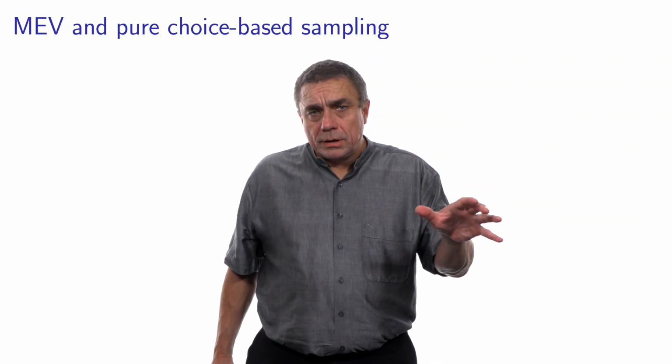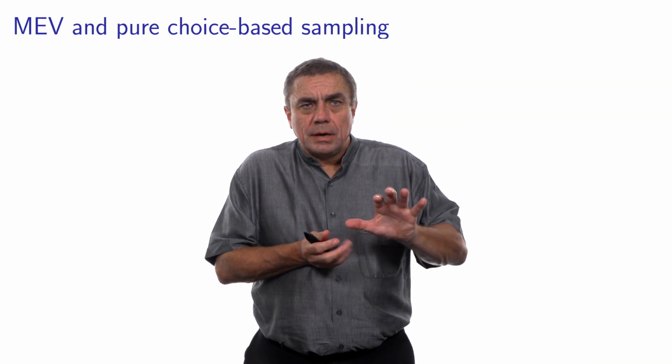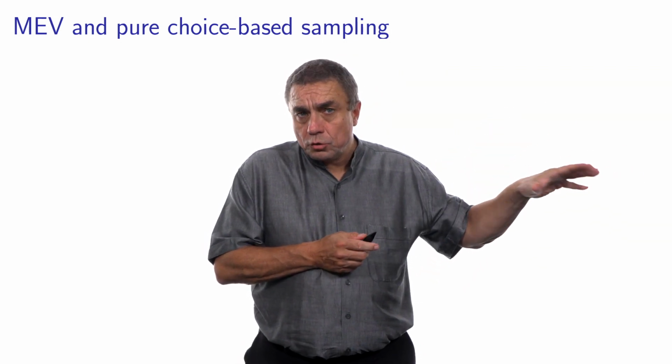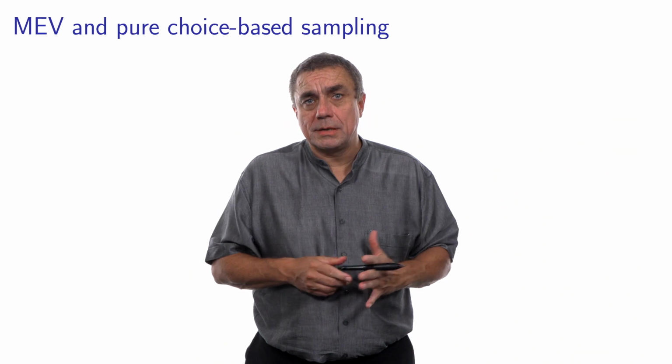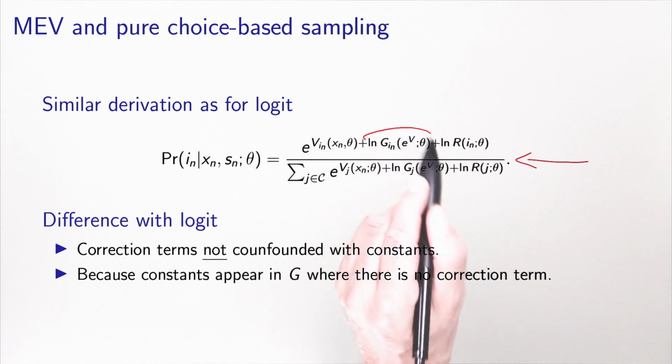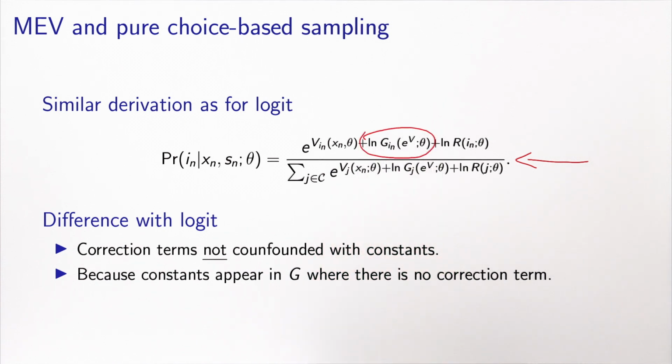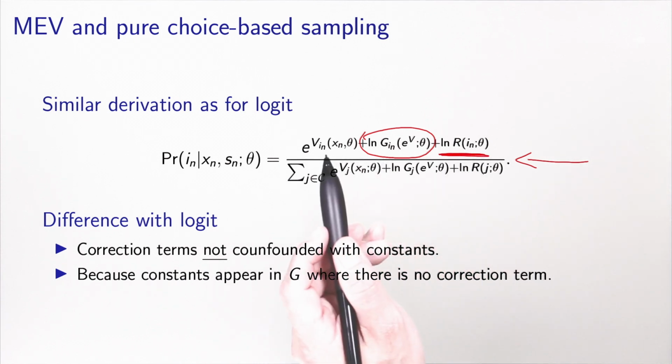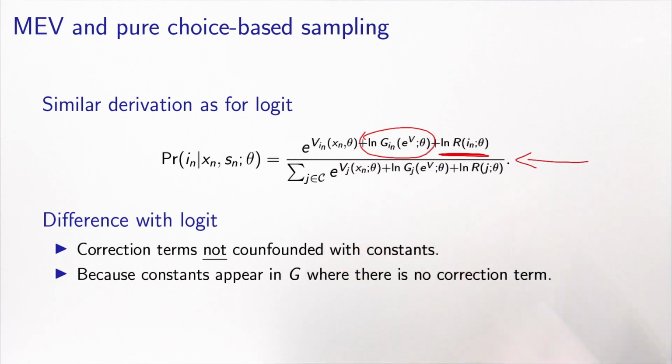Because the MEV model has the same form as a logit, I can do the same derivation that I showed you for the logit model with pure choice-based sampling. And this is what I will obtain here, this formulation. But what is the difference? The difference is that, because this term here involves ingredients which are not related with i, this correction is not confounded with the constant, because there is this term here as well, which is in the way.